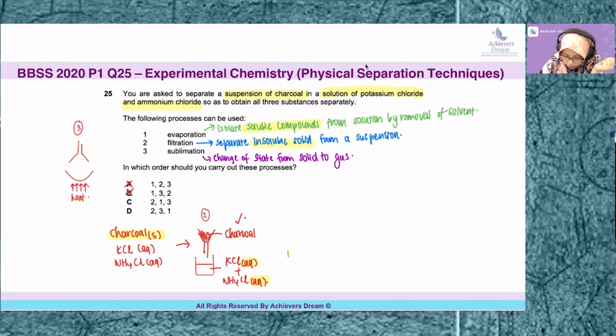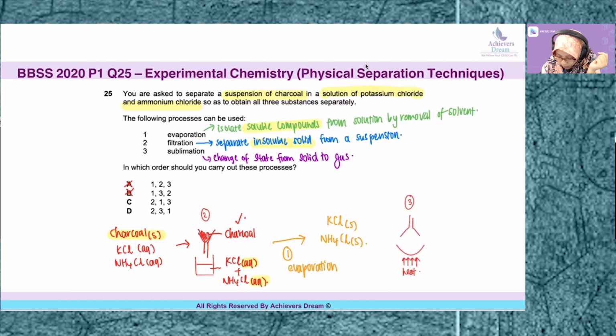Let me draw out process number 1, evaporation, to isolate potassium chloride in solid state and ammonium chloride in solid state. After that, what we can do is to sublime ammonium chloride away by providing heat.